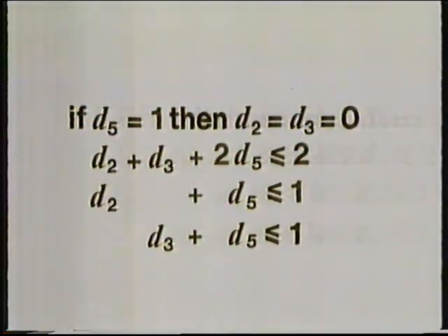So this is an alternative way of doing it. We can either use the constraint at the top, the single constraint, or we can use the two constraints at the bottom. Which is better? Well, we're going to experiment. We're going to replace the top constraint in our model by the two lower constraints and solve our reformulated problem.